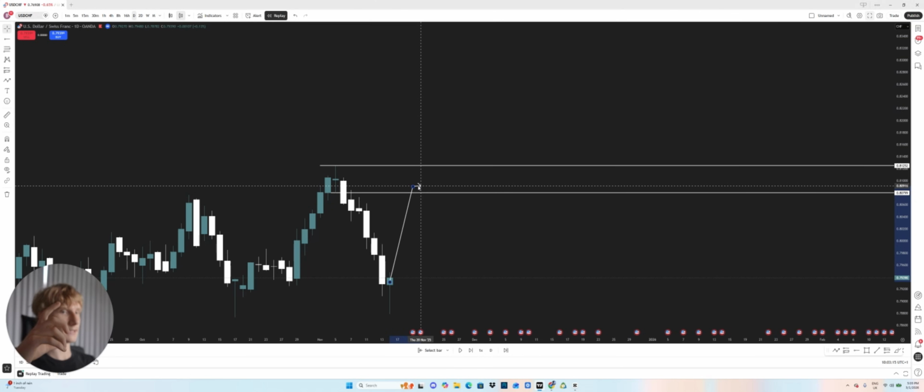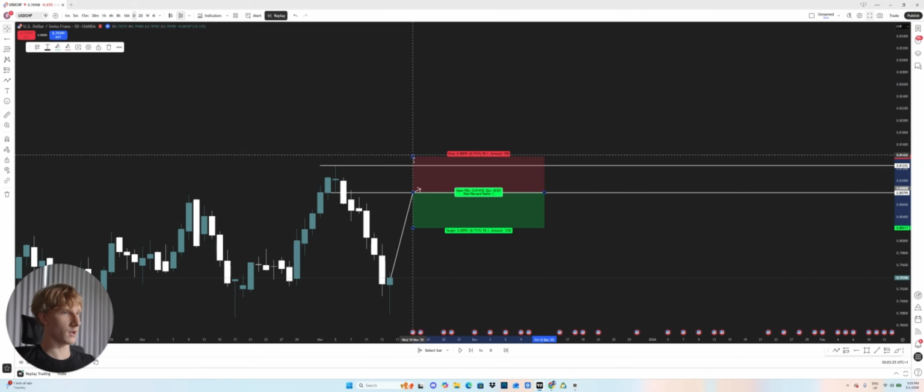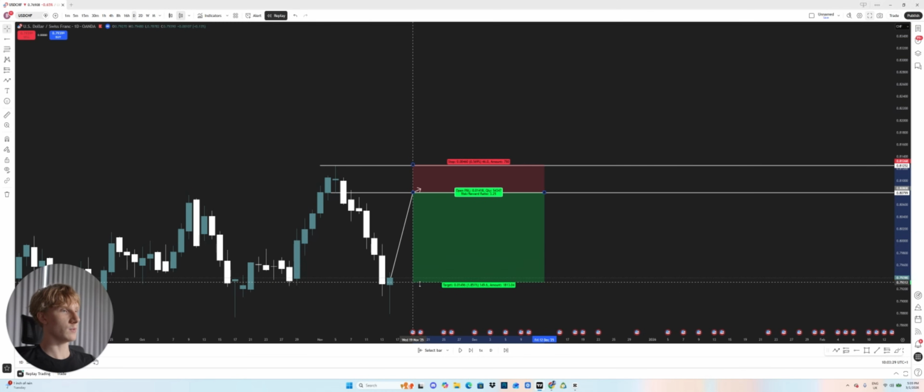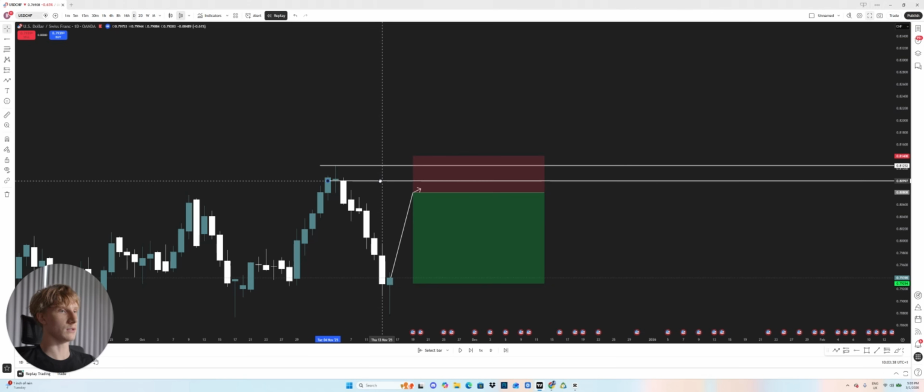And once price has extended itself, usually what comes is a slight retracement. It makes more sense for us to target the wider. Yes, if we were to target the preferred, we would definitely get more RR. However, even when targeting the wider, we are still getting a nice healthy RR. There's no point in being super greedy.